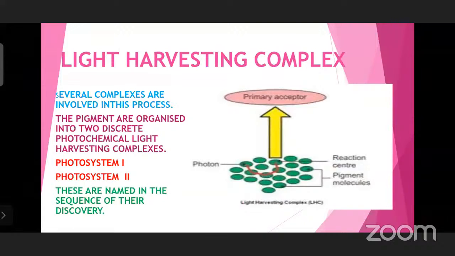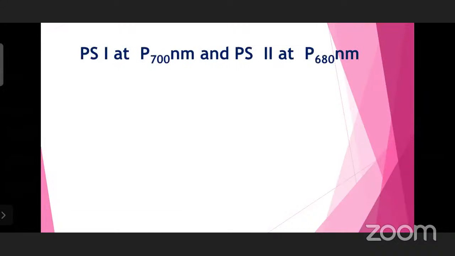These are named in the sequence of their discovery. Now it is clear that the chloroplast has grana, having pigment molecules, and these pigment molecules make the light harvesting complex where they trap the solar energy and become fully charged. The chlorophyll A molecule makes the reaction center. It loses its electron because of high energy intake.